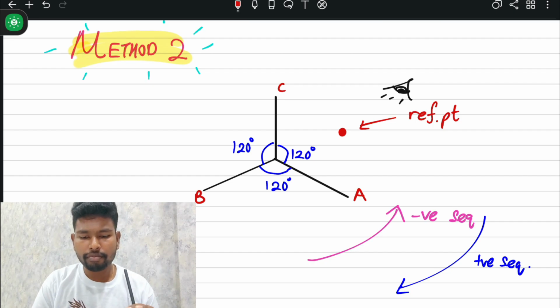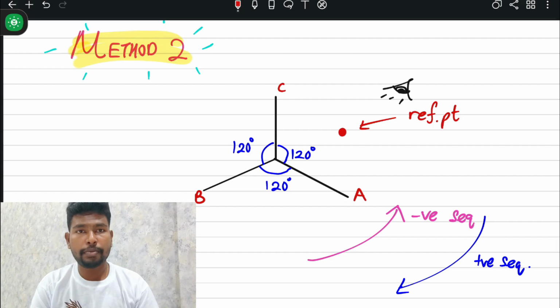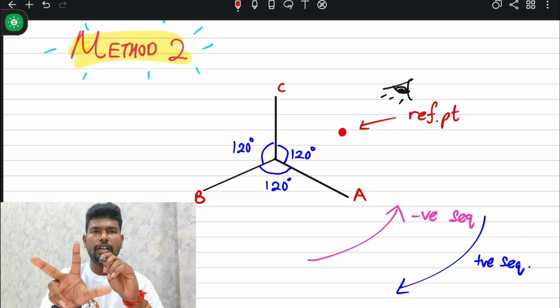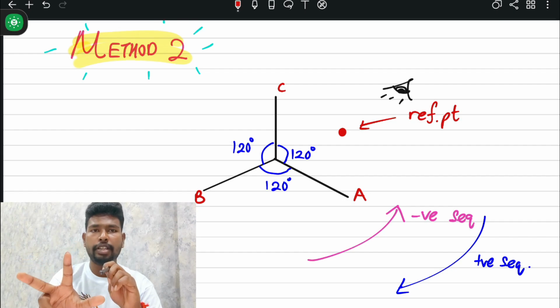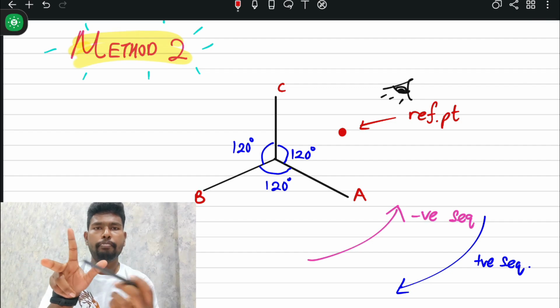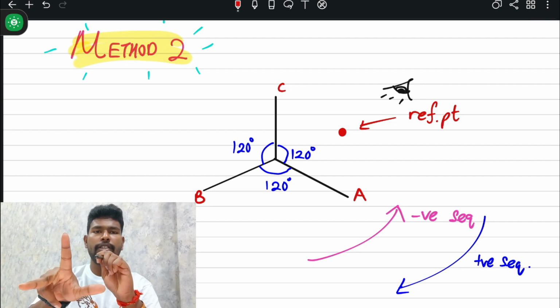In this case, I've placed my reference point before A, so the reference point becomes the point of contact with the line. I fixed my points A, B, C, and my reference point is here.